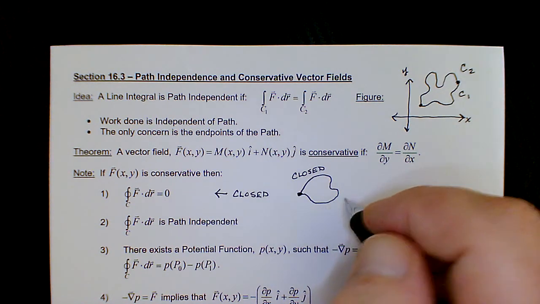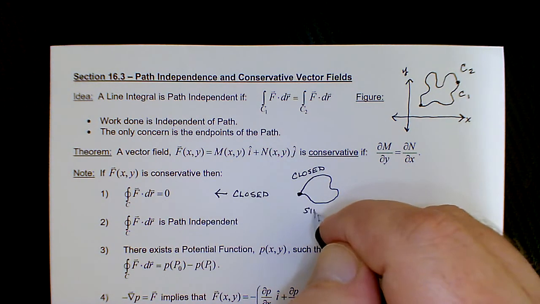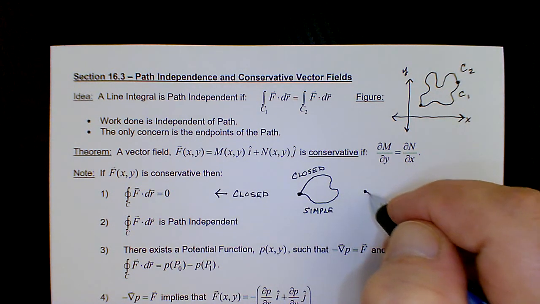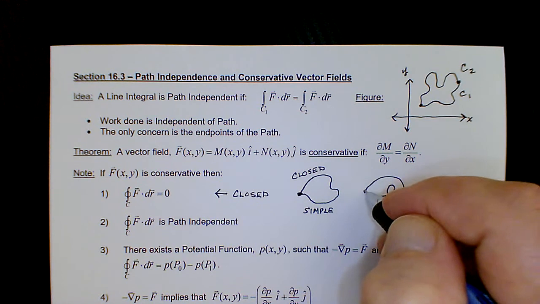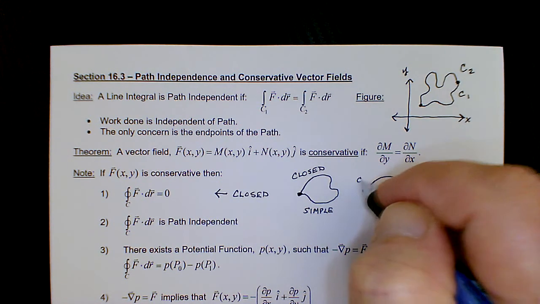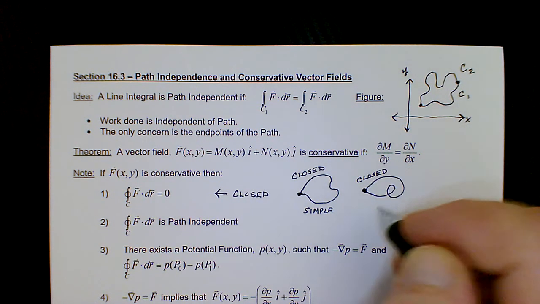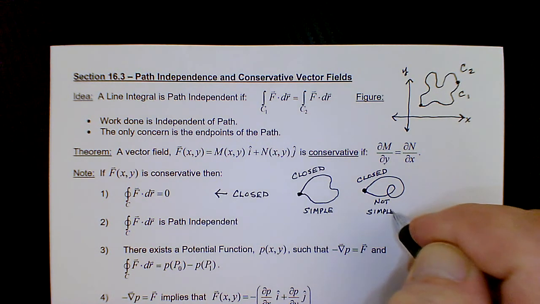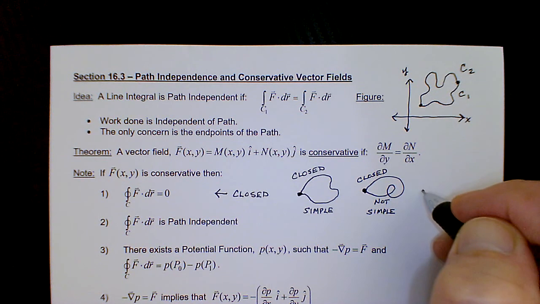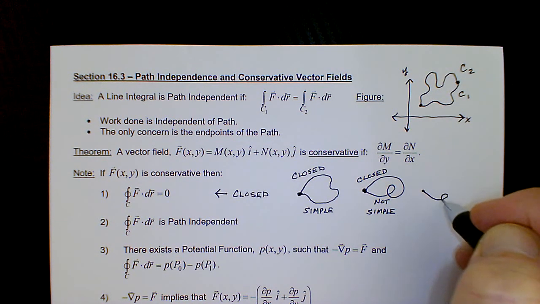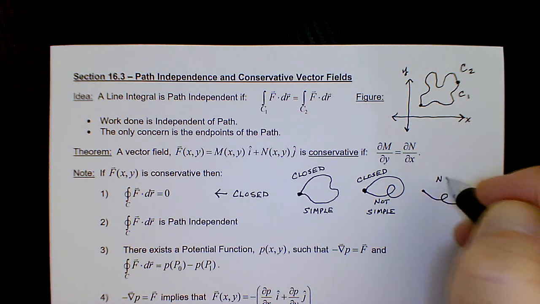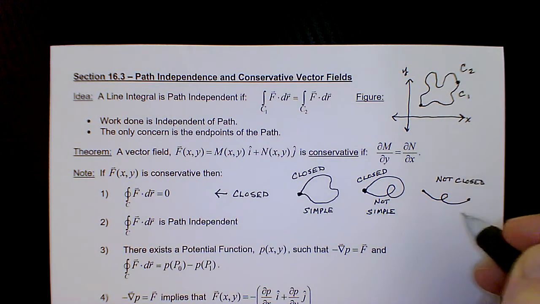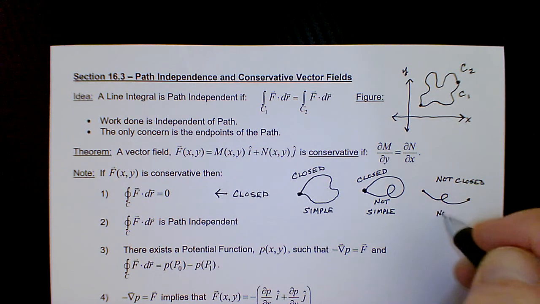So that's closed, and it's referred to as being simple as well, because it doesn't cross. If you have a function that, let's say, crosses and comes back, that's closed, but it's not simple. Or if you have a function that doesn't come back to its starting point, this is not closed, and it's not simple because of the little curl.